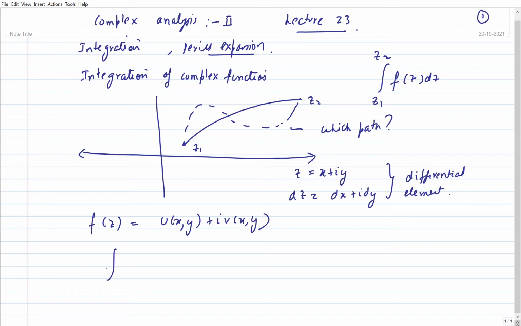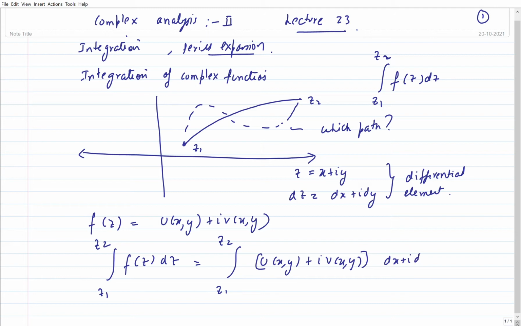So when I integrate this, I just plug in the value of my differential element over here.